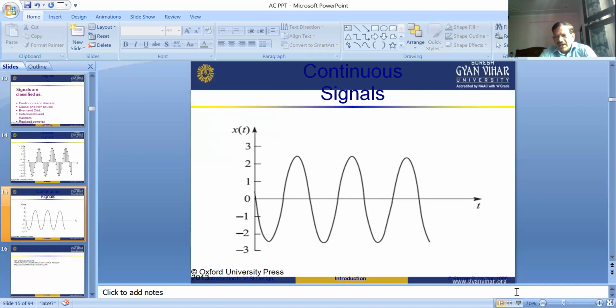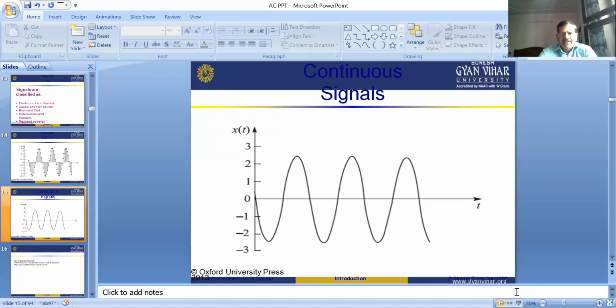Analog signals are generally used in analog modulation systems, and digital signals are generally used in digital modulation systems. There are some advantages and disadvantages of both signals. In analog signals, some interference or noise is involved during the process of modulation.